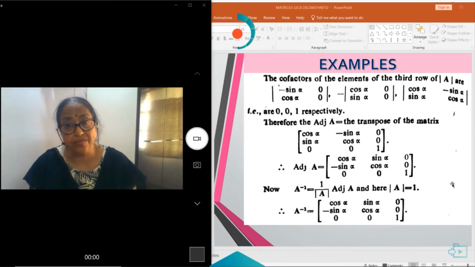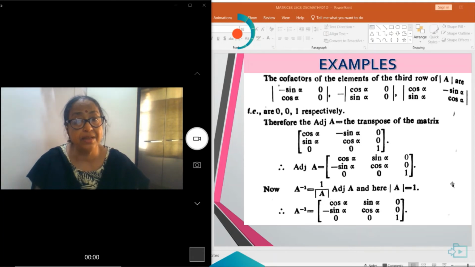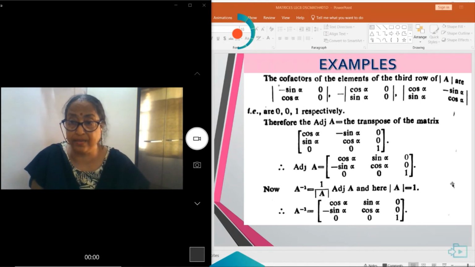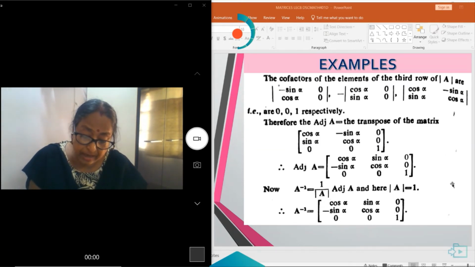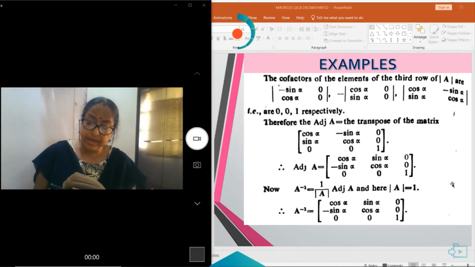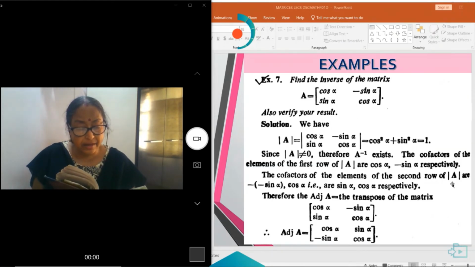If you find any difficulty, see the example given on your screen, and proceeding that way you can find the value of adjoint A. Now, after finding the value of adjoint A, inverse can be found by dividing it by the value of the determinant, which is equal to 1 here. So that is your answer.